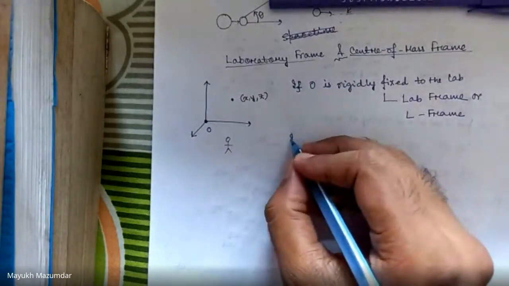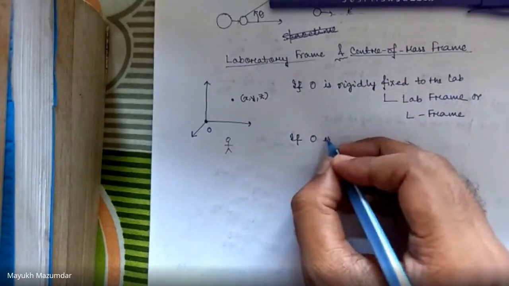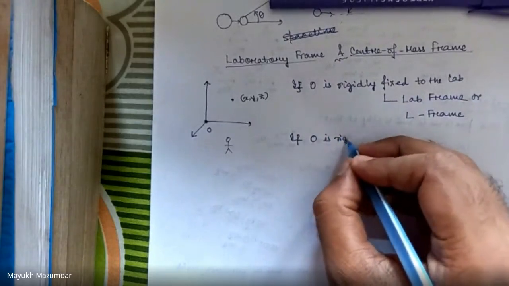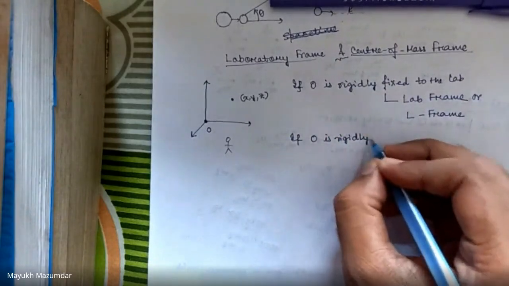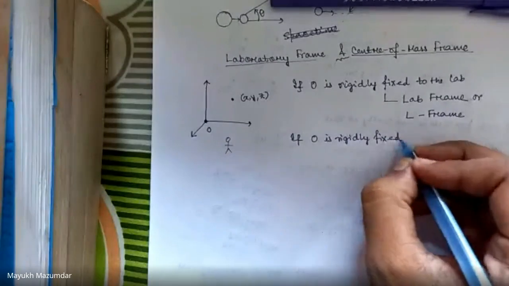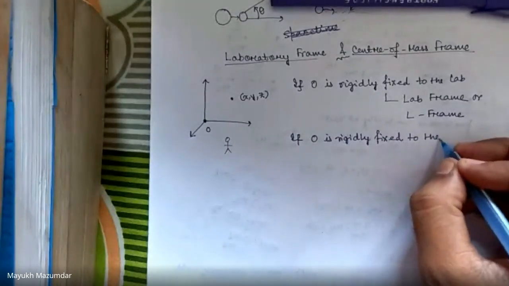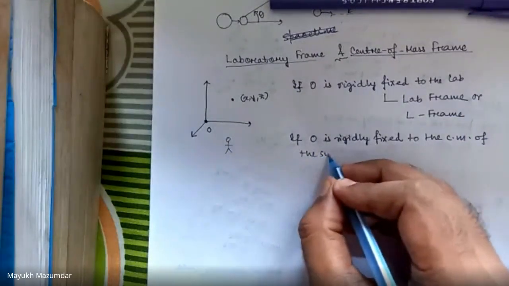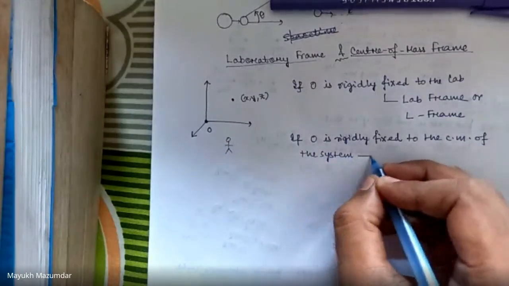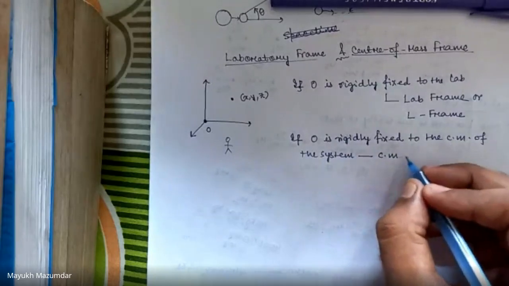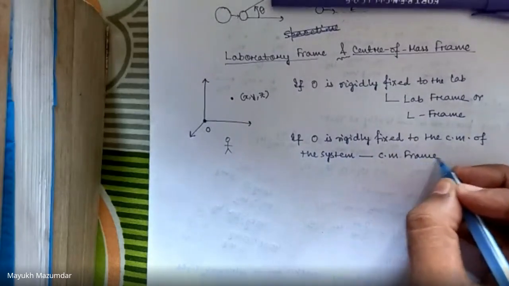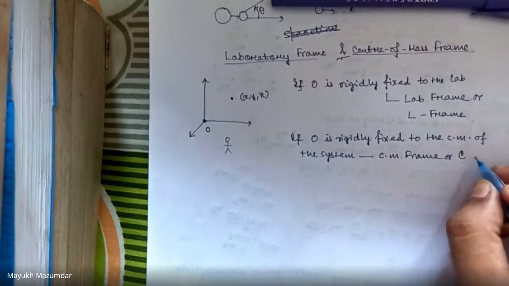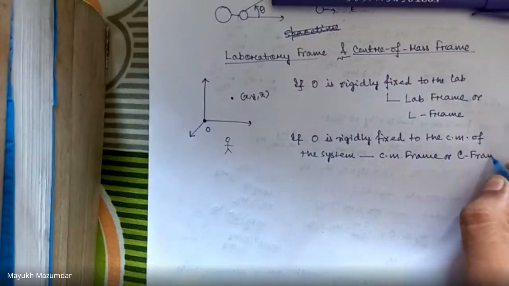But if the origin is rigidly fixed to the center of mass of the system, then I would call it the center of mass frame, or in short, C frame.